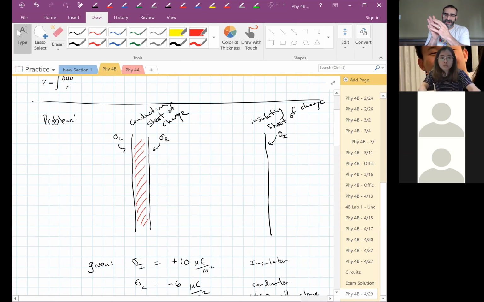So if I put the charge on one face of the insulator, there's nothing on the other face. I really do have a thin, infinitely thin, one electron thick layer of charge there because I put it on that face and it stays there. It doesn't move around. So I can draw an insulating sheet like a super thin, infinitely thin, is that a word? I don't know. Thickness.